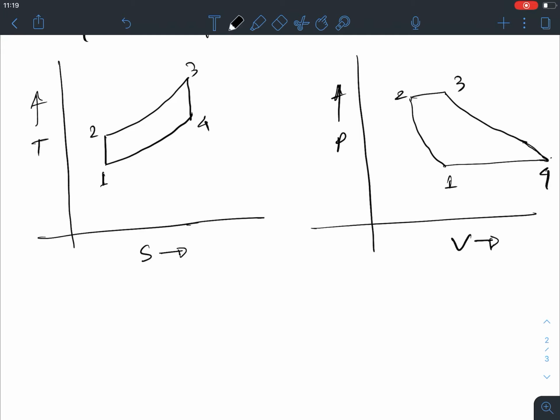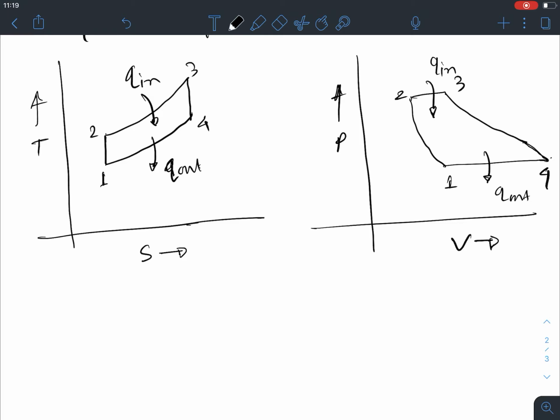Basically, we saw that 2 to 3 is heat addition, Q in, and 4 to 1 is Q out.